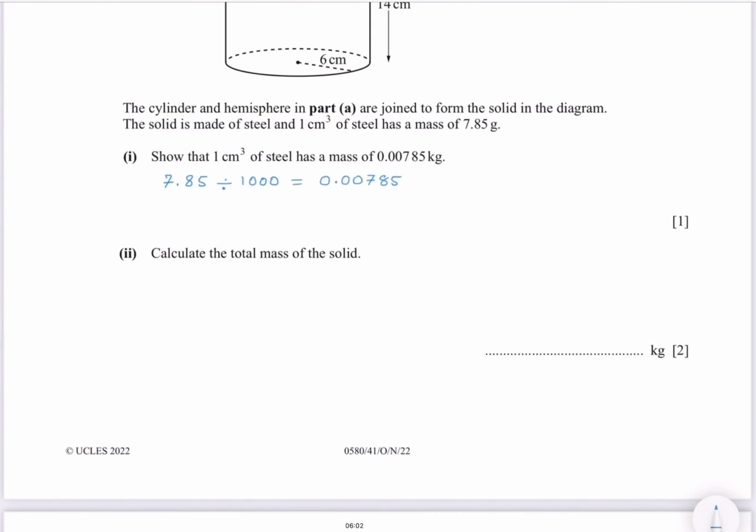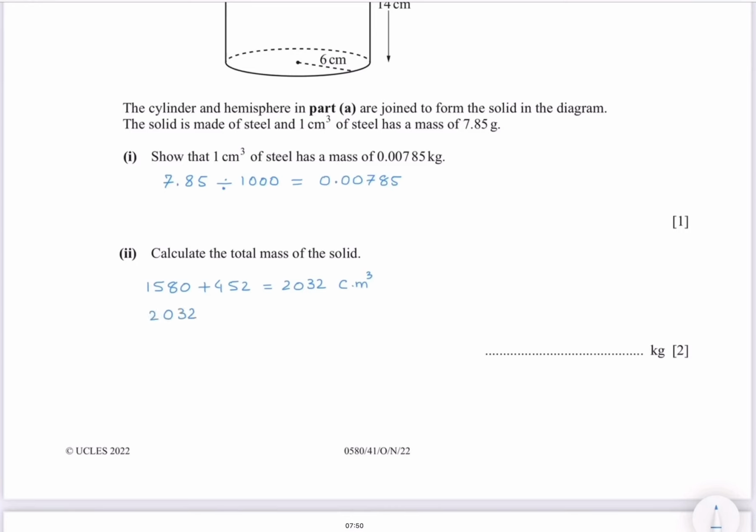Part 2, calculate the total mass of the solid. So you have calculated the volume of the hemisphere and the volume of the cylinder, so you add them. 1580 plus 452, so this is 2032 cubic centimeter.